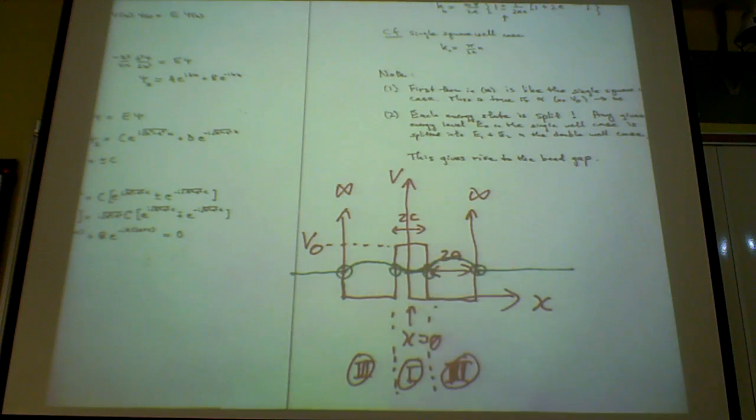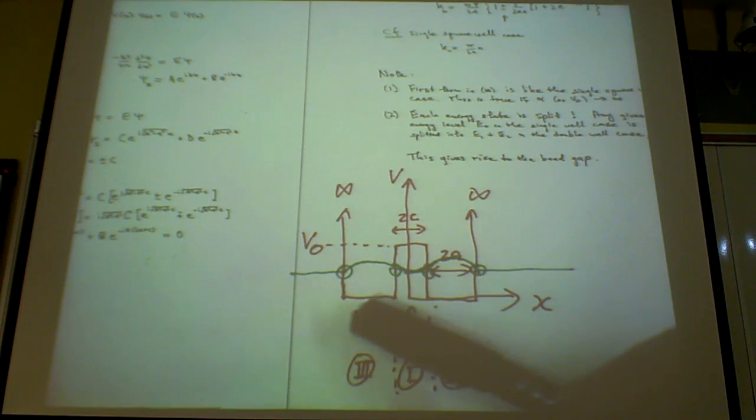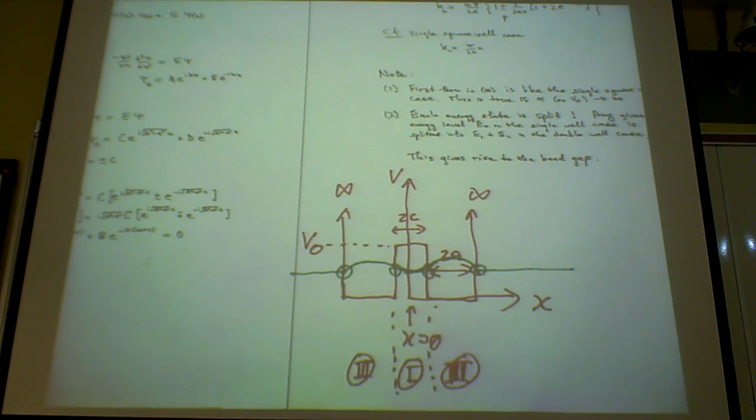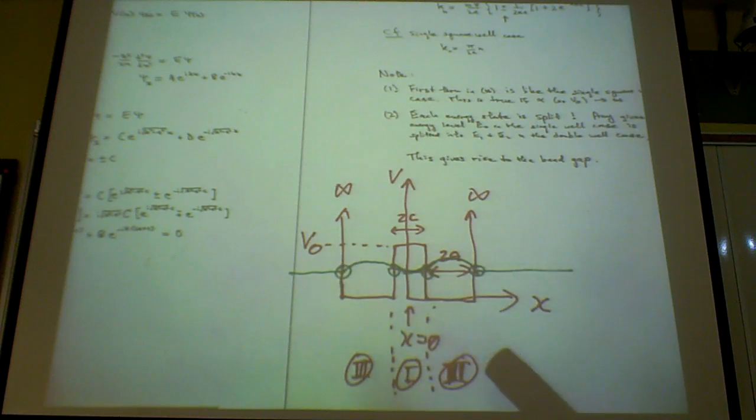So you can imagine this sort of simulates a hydrogen molecule, right? Because you can think that if you have an ion core here and here, and in between you have some barrier to move the electron from one ion core to the other atom, like this. So it's very similar to a hydrogen molecule.